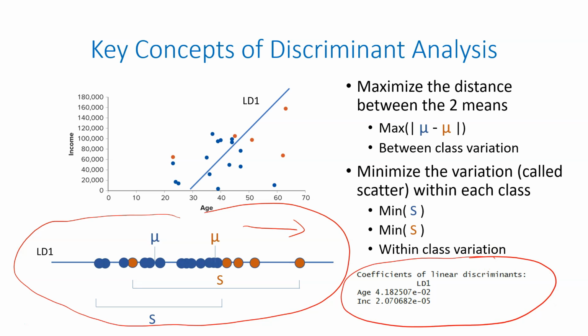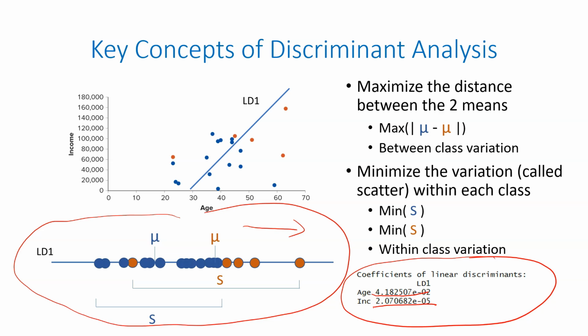As you can see, the weight for the variable age is 0.042 and the weight for income is 0.000021. As you can see here, the weight values are influenced by the scale of the variables. Since income values are in tens or hundreds of thousands, the weight value is relatively small. Based on these weights, we can compute the values on the new dimension LD1 for each of the cases.